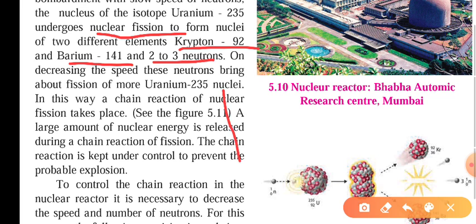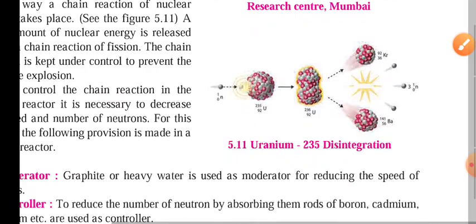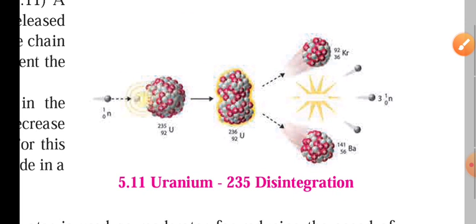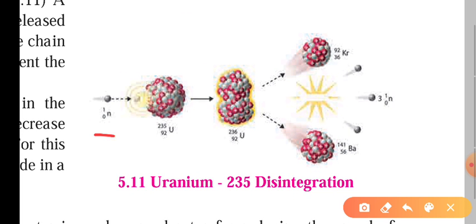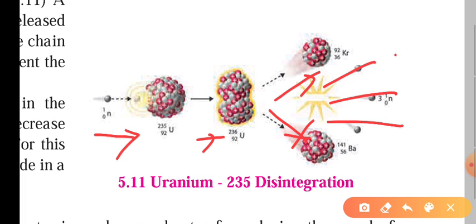This particular process is called a chain reaction. You can see over here, one neutron strikes one uranium and it breaks into krypton and barium, producing three new neutrons.